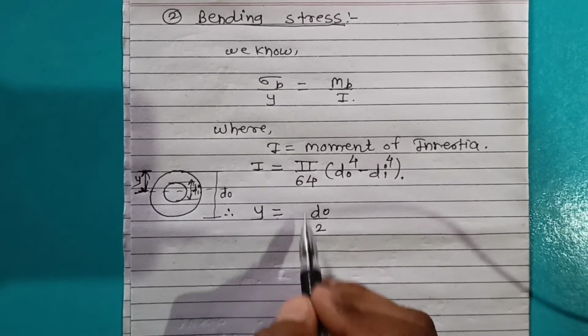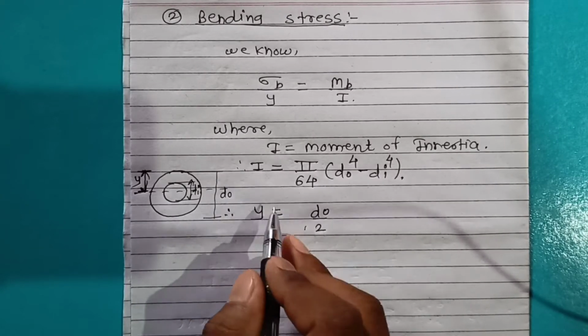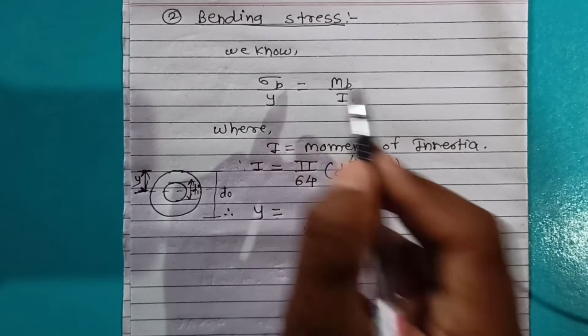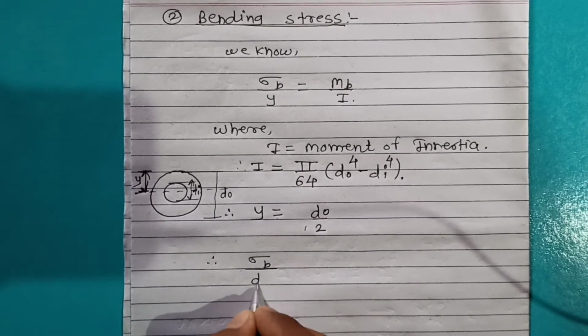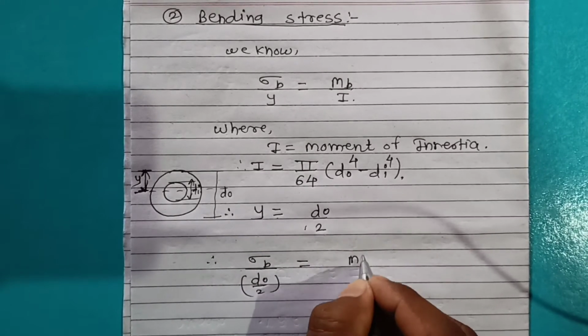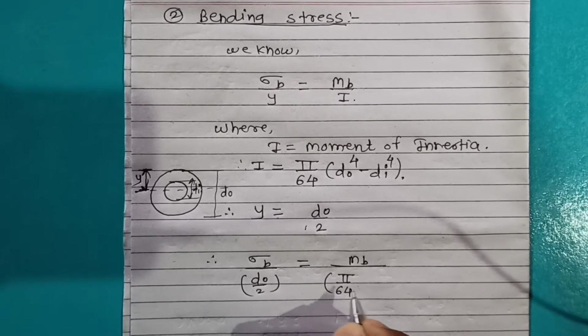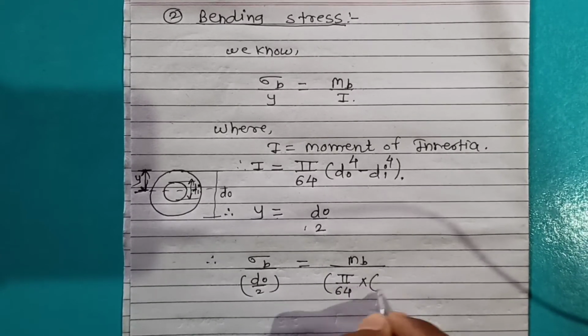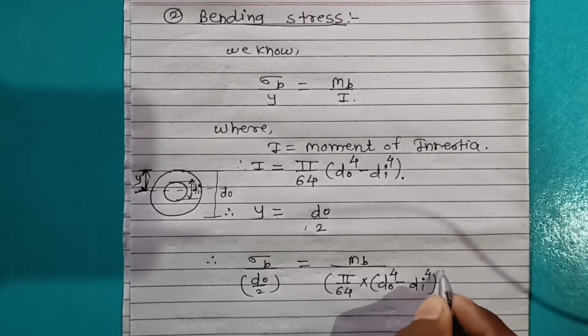Now these two values, the value of I and the value of y, are put in the above equation. See here, sigma b divided by DO by 2 is equals to Mb divided by pi by 64 into (DO raised to 4 minus DI raised to 4).